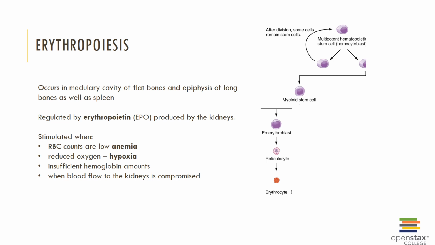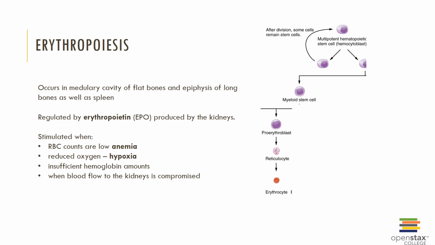And this is where rapid accumulation of hemoglobin starts to compress the organelles. When it gets to the stage of a normoblast, we see compression and expulsion of the nucleus and organelles. And this is where the cell takes on the characteristic biconcave shape. The resulting non-nucleated cell is called a reticulocyte.